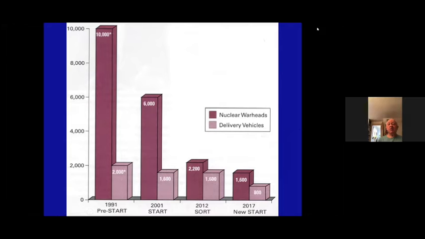Okay, so this shows warheads and delivery systems by various treaties between Russia and the US, going back to 1991, then 2001, a reduction with the START Treaty. I must say that these are not all nuclear warheads.